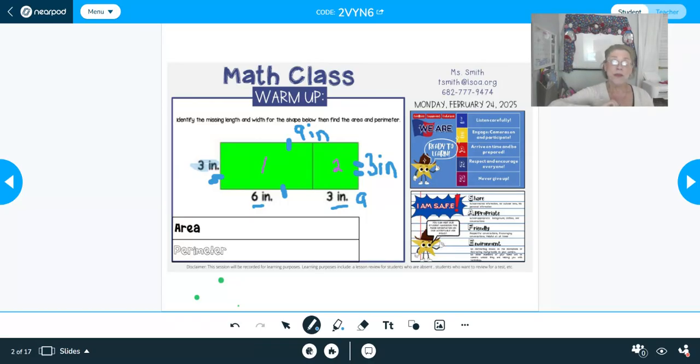Now that I know my lengths for all the sides, I can find my area and my perimeter. So let's start with perimeter first, and then we'll move on to area. Perimeter, once again, goes around the outside. Remember, perimeter is kind of like the fence that holds the area grass in. That's how Ms. Smith always remembers it.